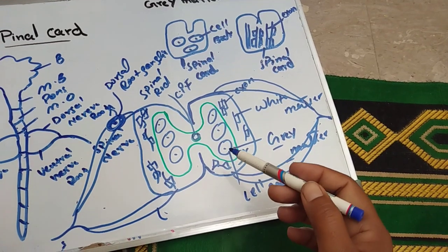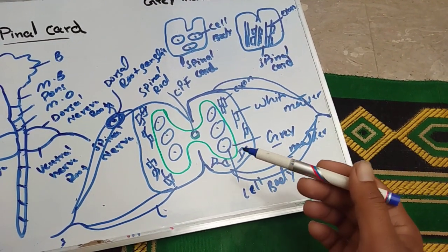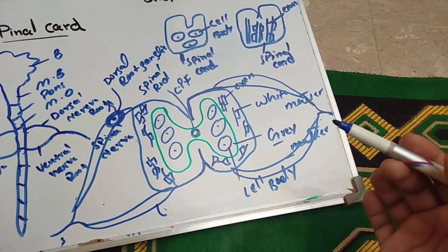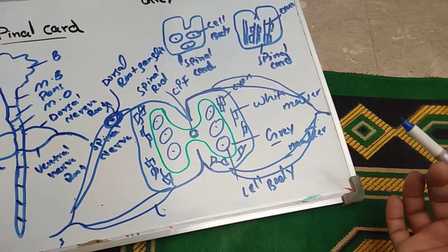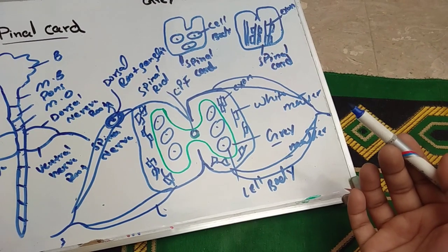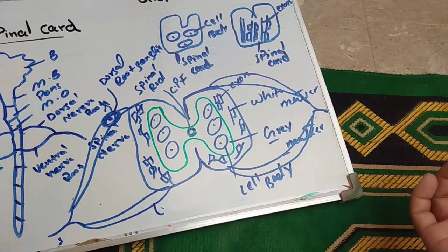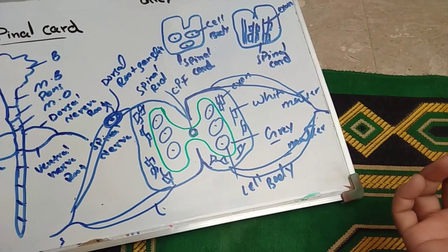The function of the spinal cord is that it connects the body with the brain. This is the track that connects the body with the brain.